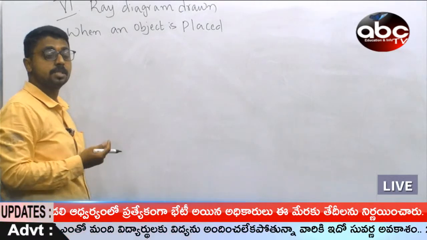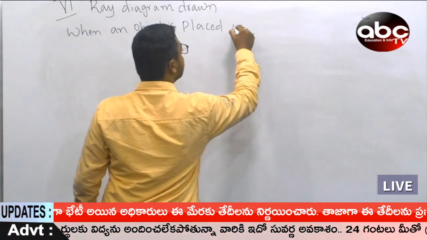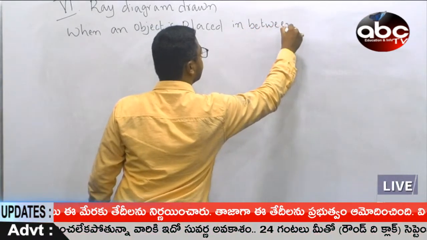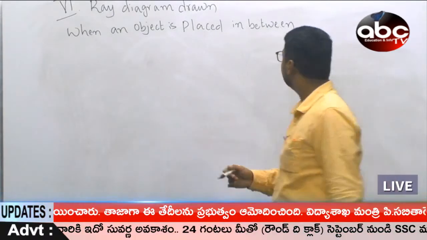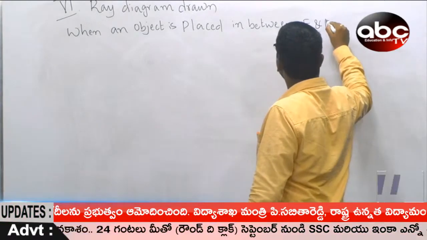Just now I said we have to come a little closer here. That is nothing but in between. In between, what are the points here? This is nothing but F and P.